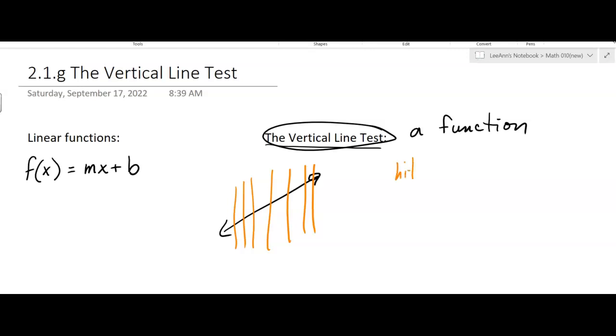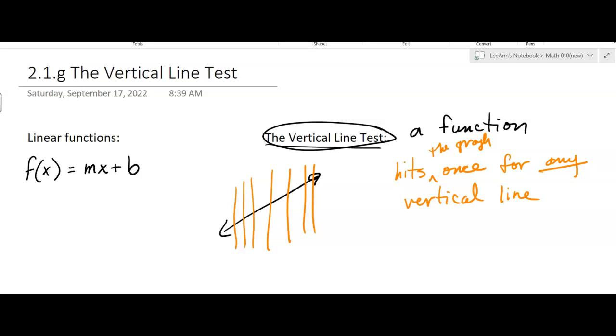If it hits the graph, I guess I should say, hits the graph once for any vertical line. Vertical line that covers the graph.